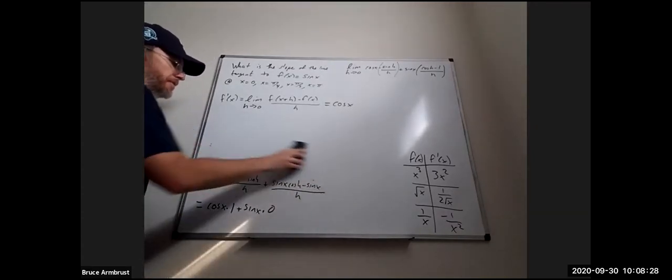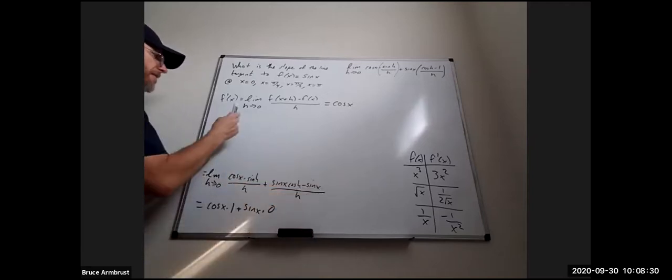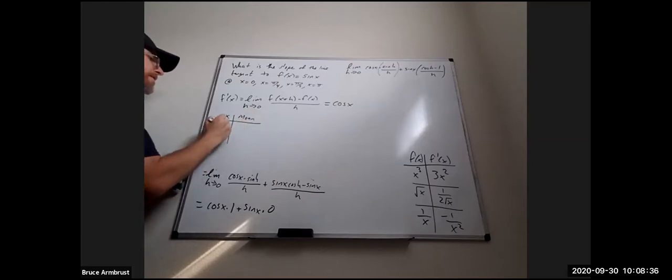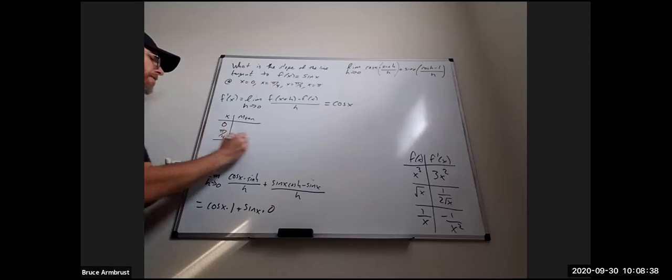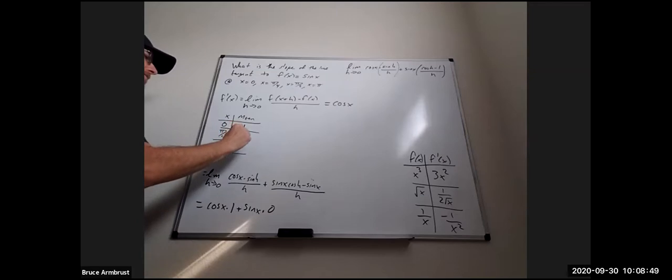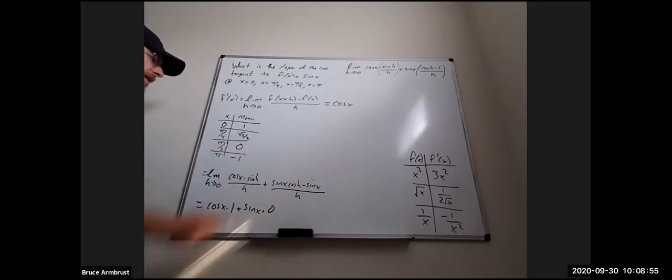I'm going to make a little chart here with x and m tan, and we're putting in 0, pi over 4, pi over 2, and pi. All right, here you go. Cosine of 0, 1. Cosine of pi over 4, root 2 over 2. Cosine of pi over 2, 0. Cosine of pi, -1.